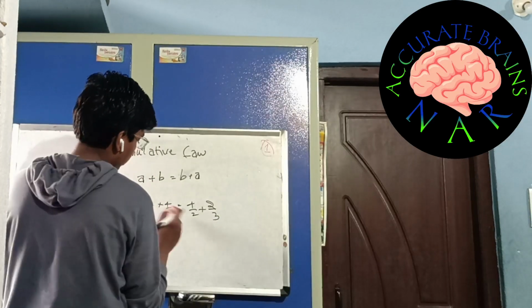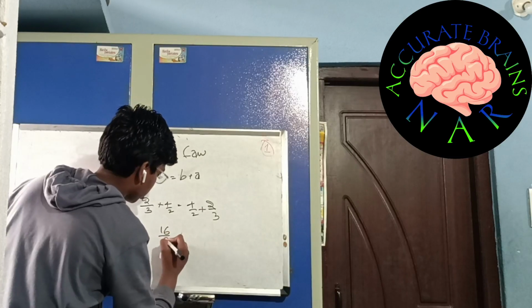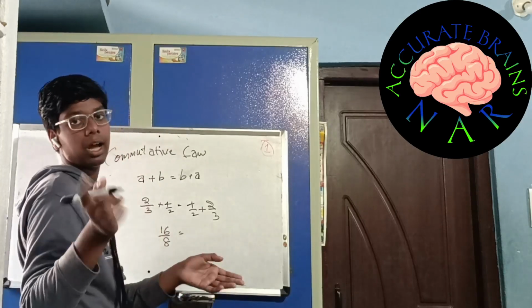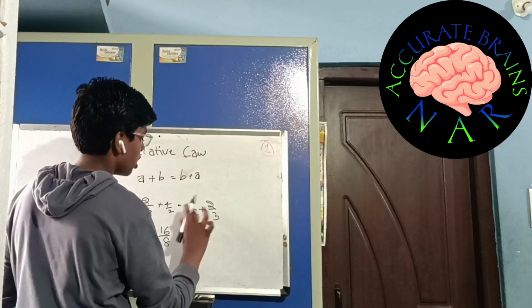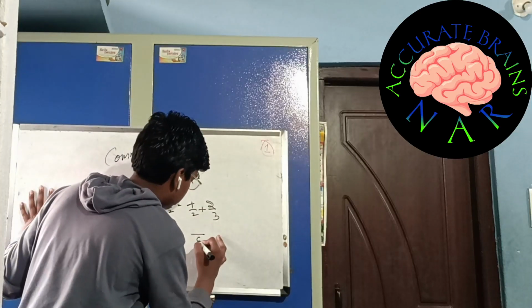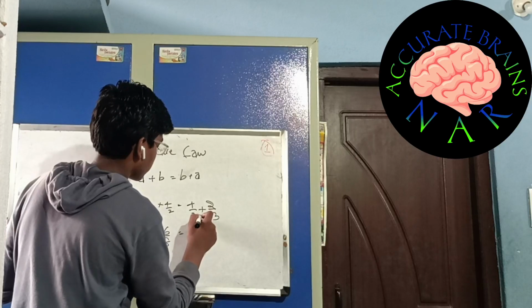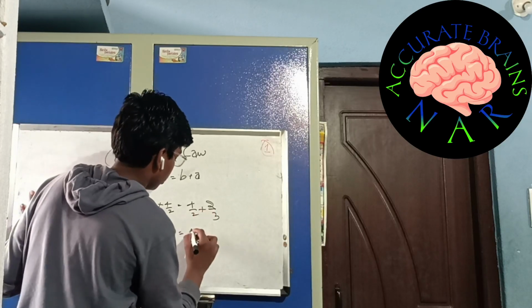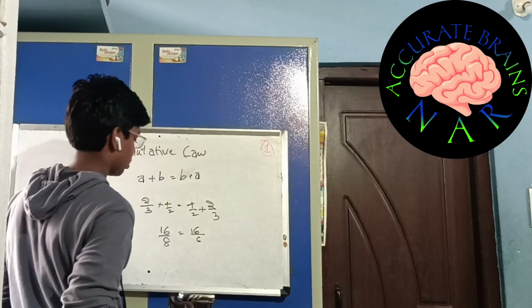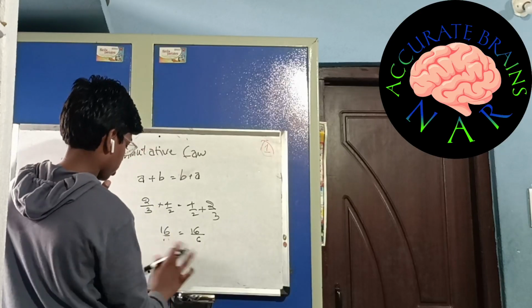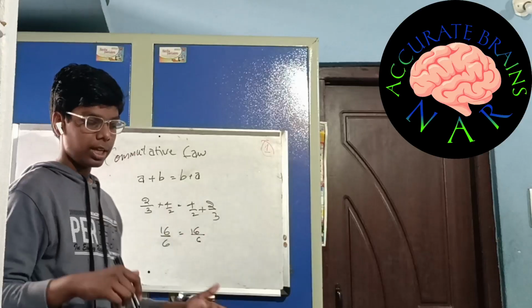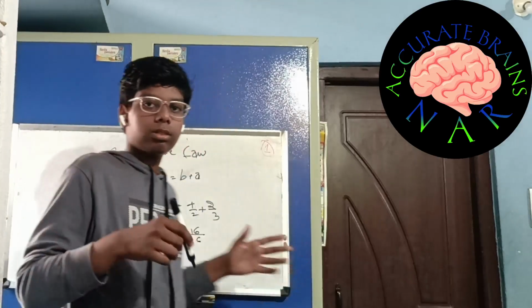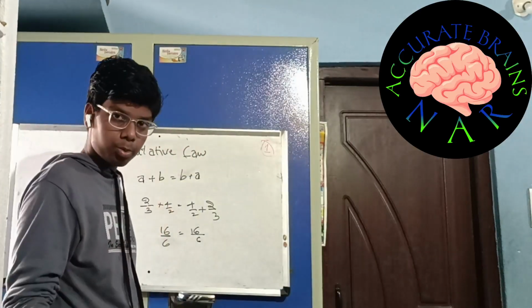So we will get this as 16 by 8, as we have done in the addition of rational numbers. For this, the LCM will be 6, and 12 plus 2 is also 16, so 16 by 6 should be equal to 16 by 6. So commutative law over addition is true.